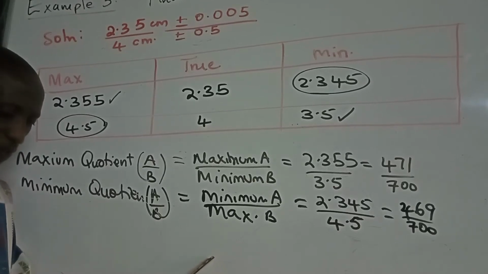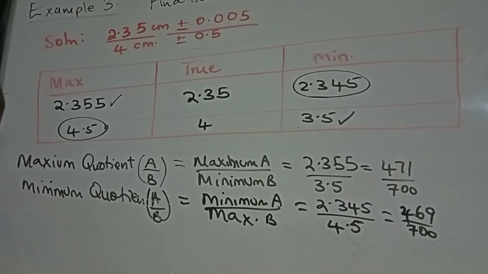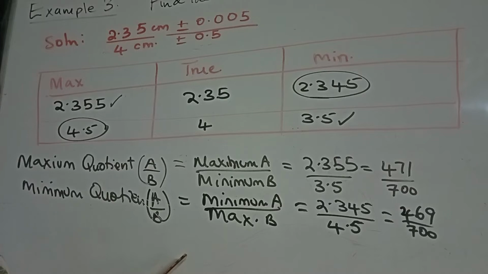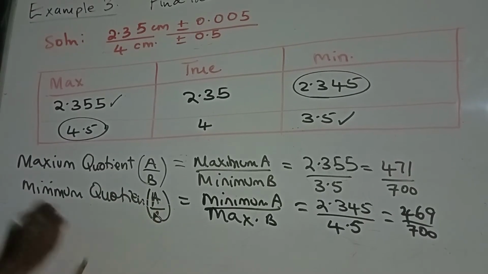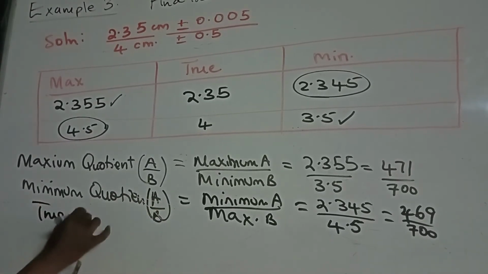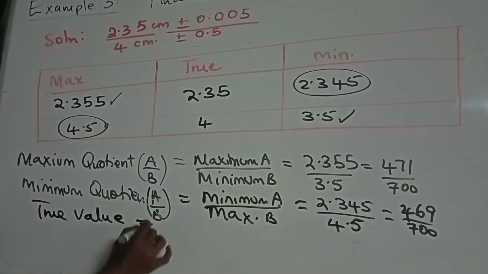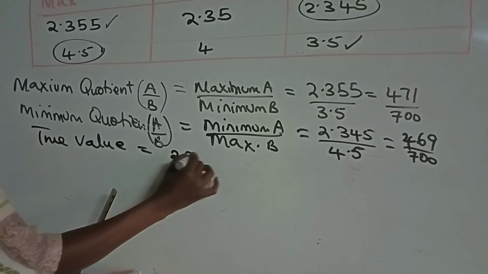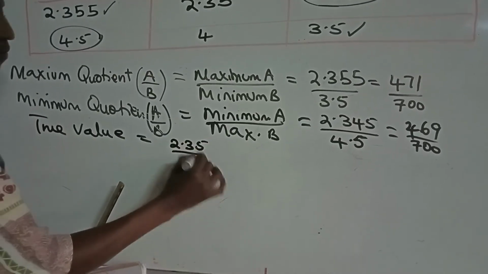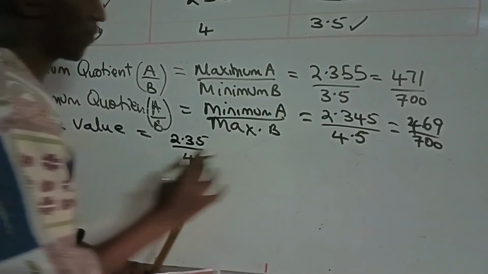Now, what is the true value in this case? Because we shall definitely require that. That is 2.35. The true value will be obtained by having 2.35 divided by 4, and you can compute that as a fraction.